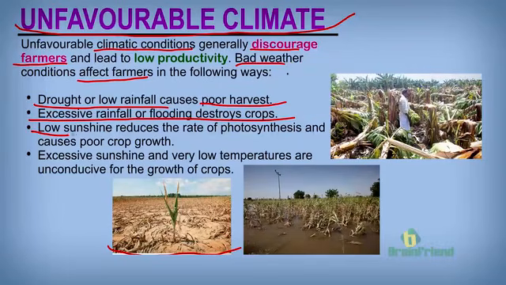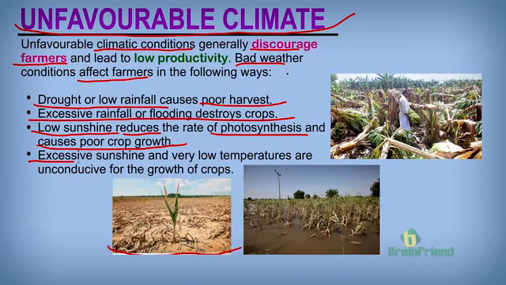The effect of low sunshine: when the level of sunshine is also very low, it causes problems in agricultural production. It reduces the rate of photosynthesis and it causes poor growth. Remember that all crops require sunshine to carry out photosynthesis and grow appropriately.